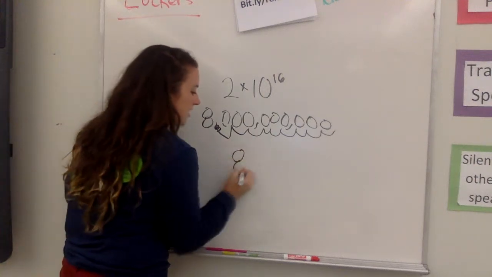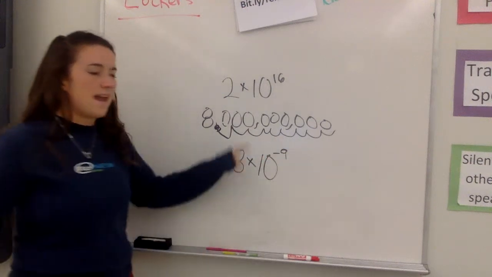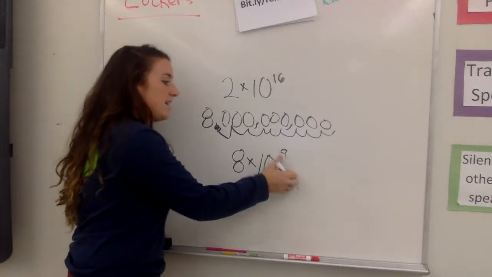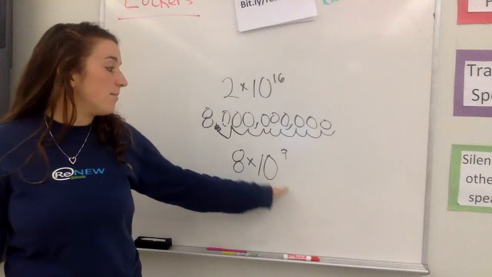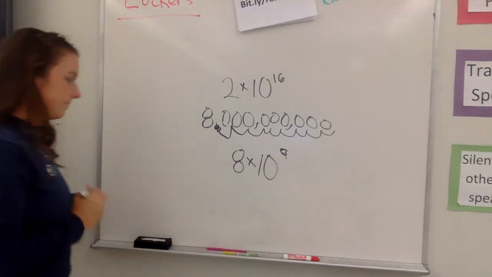All right, so now I have 8 times 10. Is it going to be 10 to the negative 9th because it got smaller? No, it's going to be 10 to the 9th power. 8 billion is a really large number, so my exponent needs to be positive.